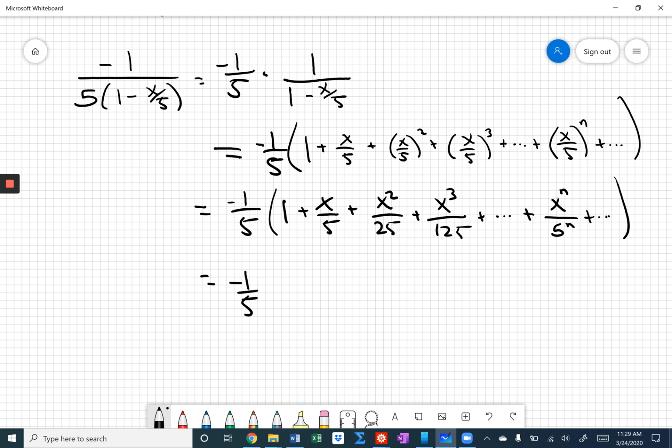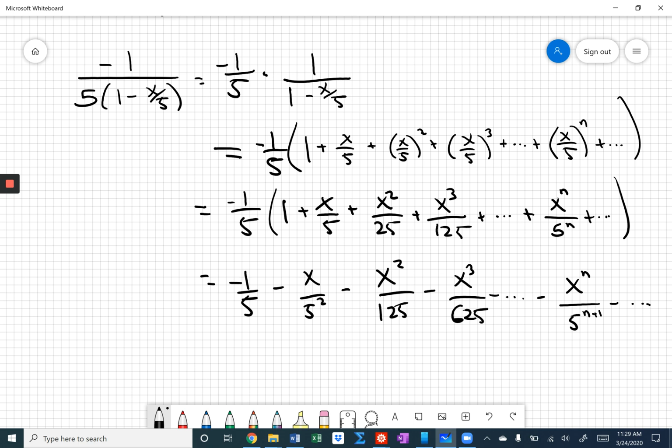Let's get negative 1/5 minus x over 5 squared, or x over 25, minus x squared over 125, minus x cubed over 625, minus dot dot dot, minus x to the n over 5 to the n plus 1, minus dot dot dot, since they're all negative. And so this is our negative 1 over 5 minus x.